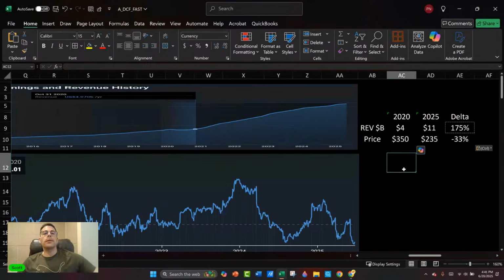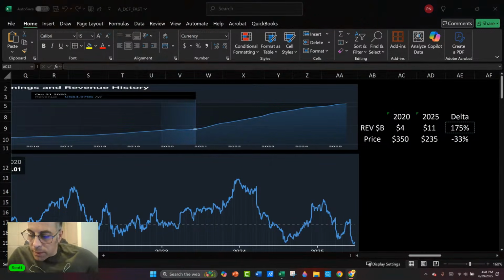Okay, so here's a simple valuation method. What stock is he looking at? Lululemon. I don't know why this. I can't look at the.